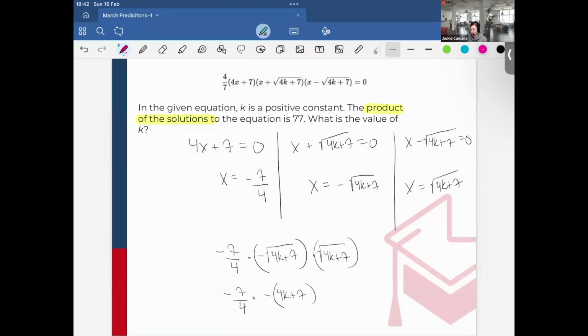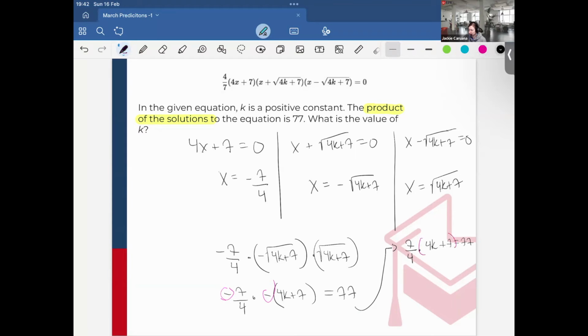And then note, I have two negatives. Negative times negative will become positive. This is all equal to 77. So I'm just going to take this up here. So basically I have 7/4 times 4k plus 7 equals 77.